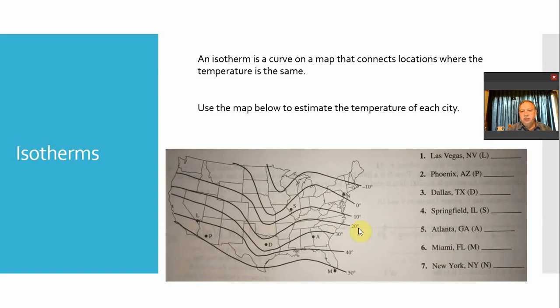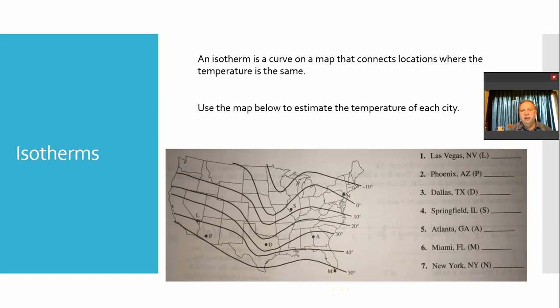Atlanta, Georgia. Here we're looking at quite a bit of distance, so this really flares out. Halfway between here and here, I would call maybe a 35, and then that looks to be a half again, 32.5 or 33. Miami, Florida. Miami is just above, and as we're increasing a little bit, since we really have no good gauge here, maybe call this 51, 52 degrees.